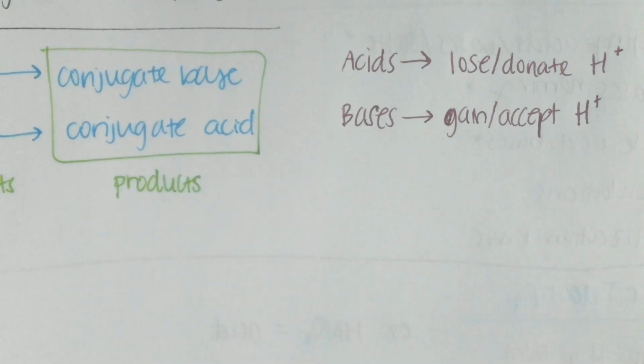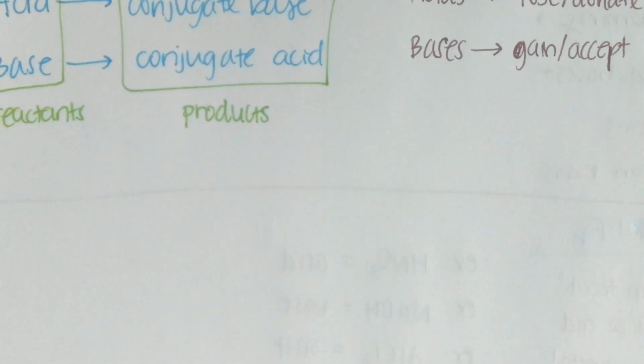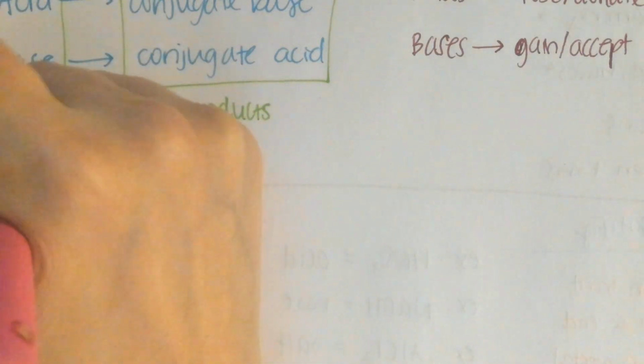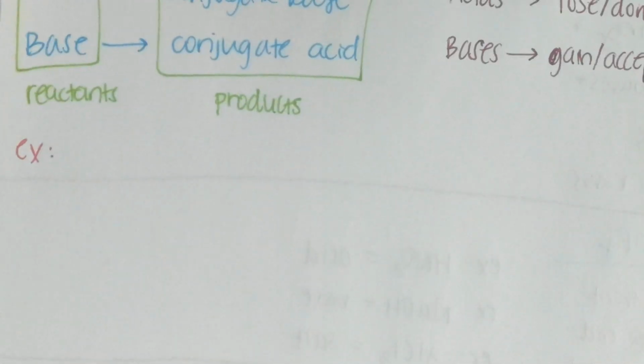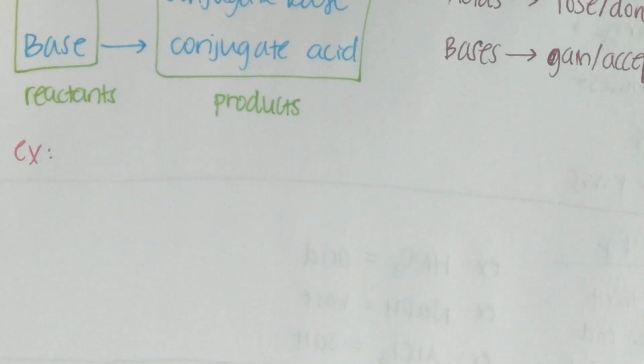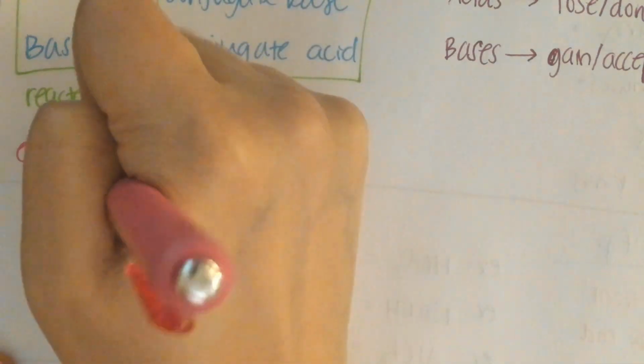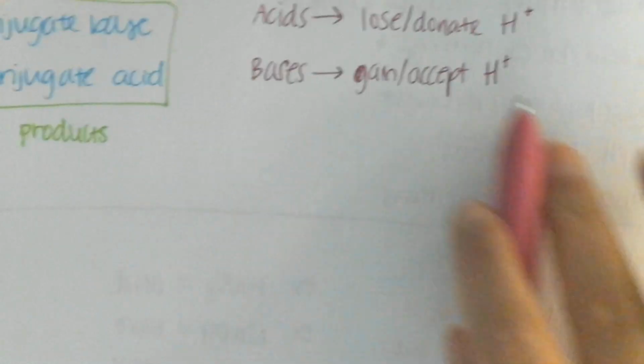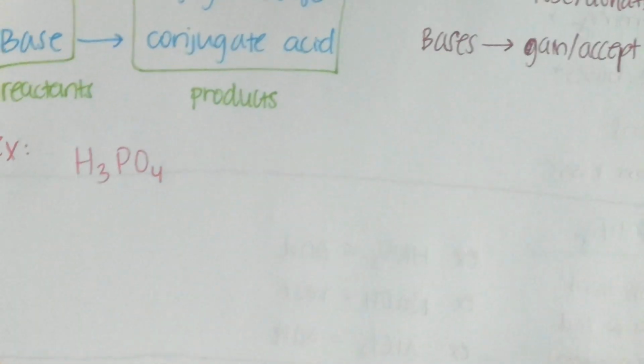So here's what you will basically be given. It's very similar to your practice sheet from last week. You will be given an equation, and you have to know how to label which one is the conjugate and which one is the acid.